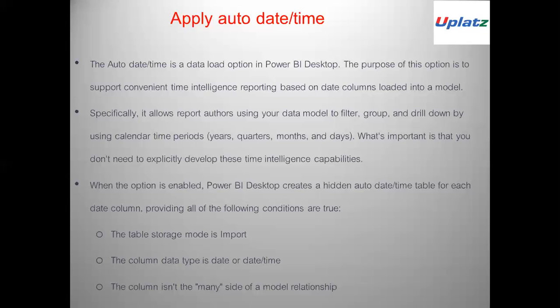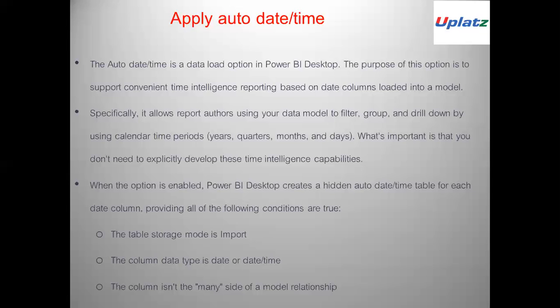So in order to avoid this, Power BI has an inbuilt auto date or time. Auto date or time is a data load option that supports convenient time intelligence reporting based on the date columns loaded into our model. We can call it time intelligence.